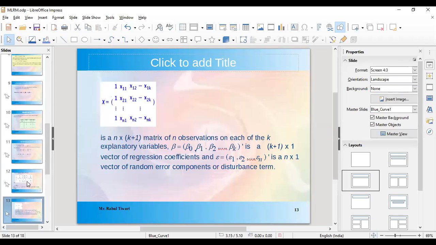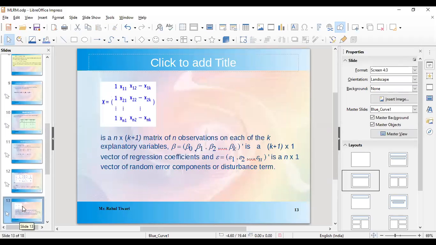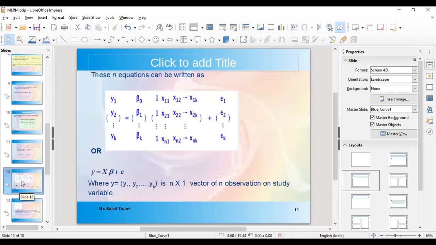And if you see the x, this was actually an n cross 1 observation. How is it n cross 1? Can anyone tell me how it is n cross 1?